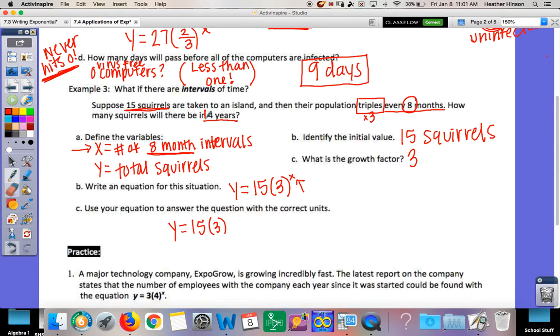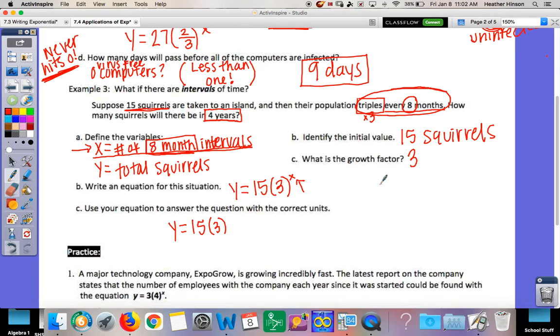The question says how many will there be in 4 years? How often is it changing? How often does it triple? It triples every 8 months. That's why we made our x value 8-month intervals. So we can't plug in 4 because it's not changing every year. It's changing every 8 months. So we need to change years to months.